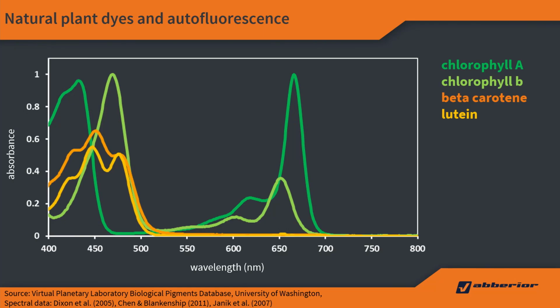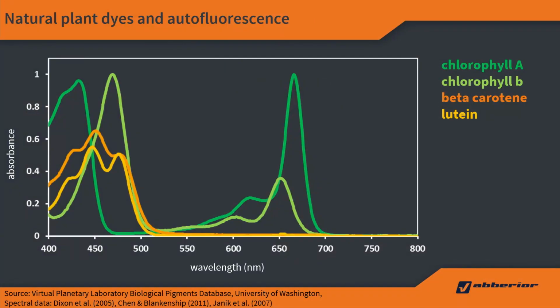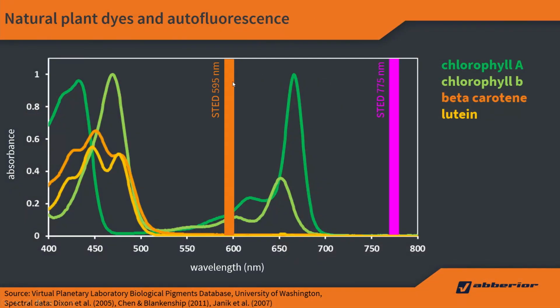Now, what becomes interesting when we're going to live plant tissue is again the natural plant dyes. Here we are seeing again chlorophyll and carotene, and what is important is that our STED lasers, the 595 nanometer STED laser for green fluorophores and the STED 775 nanometer for red and orange fluorophores, may interfere with the plant dyes.